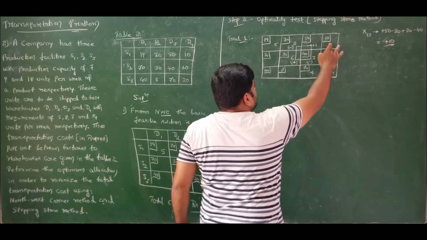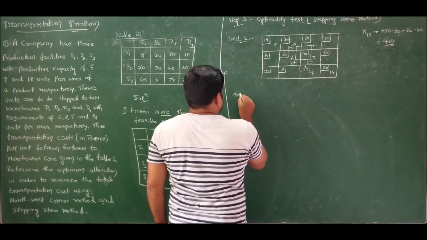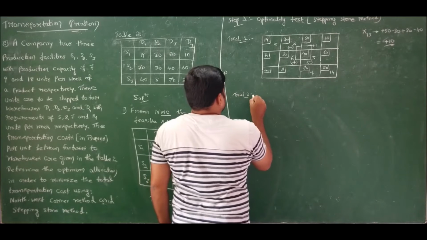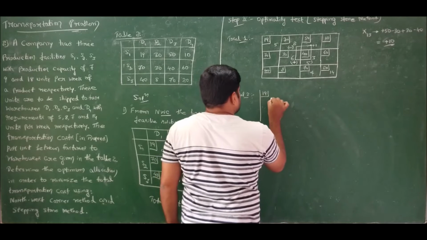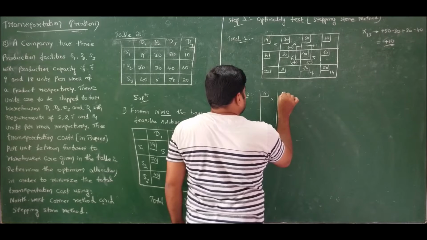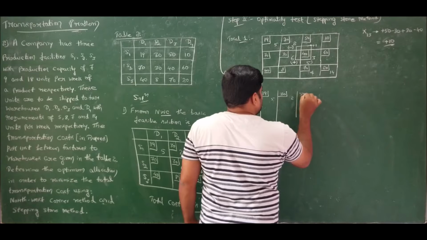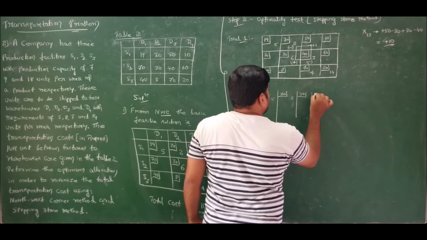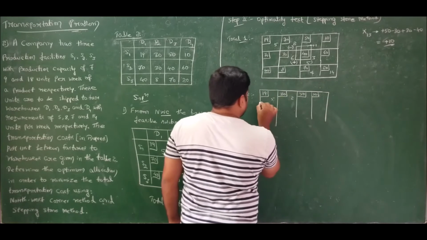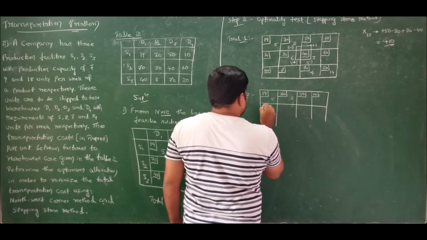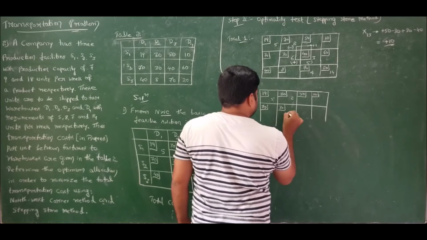So next, if I go for allocating here and check in trial 2, if I go and check what I am going to get, 19, 5, next we have 30, 2, 50 and 10, right? Next we have 70, 30, allocation is 6 units.